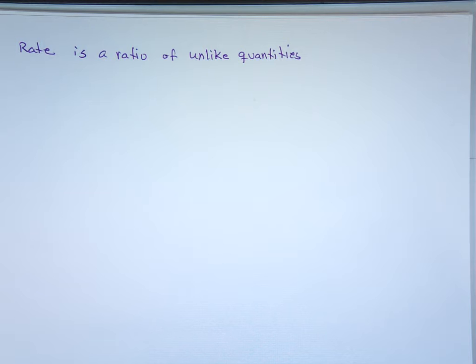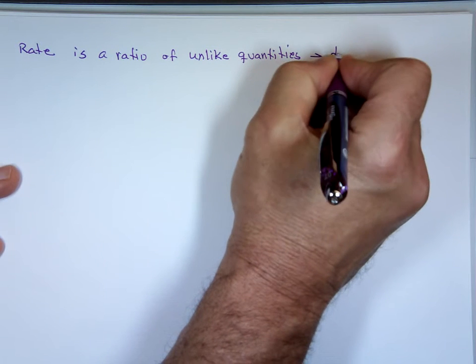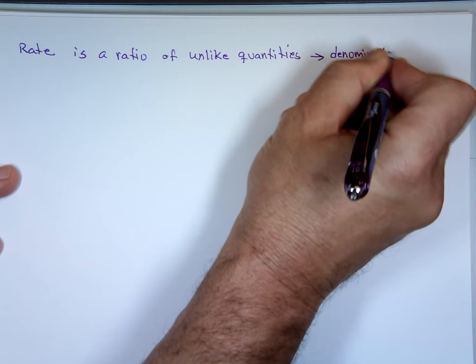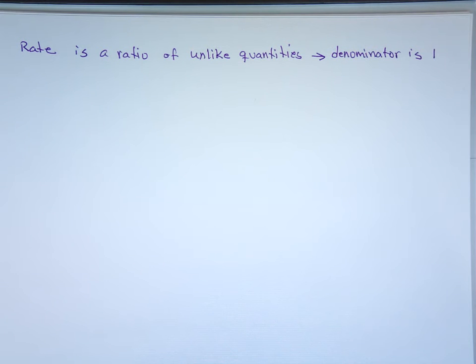And usually with the rate, especially unit rate, you want to make sure what? The denominator is 1. You want to make sure the denominator is 1.